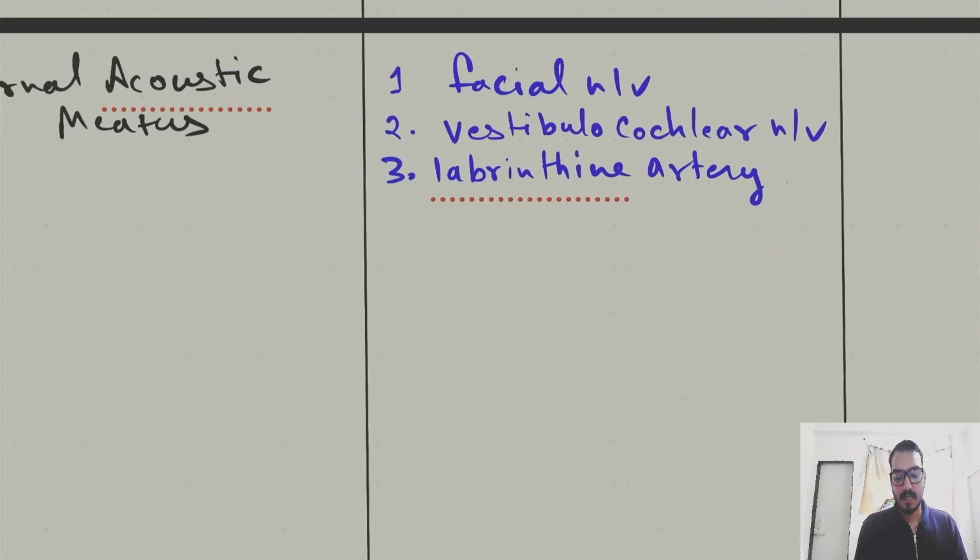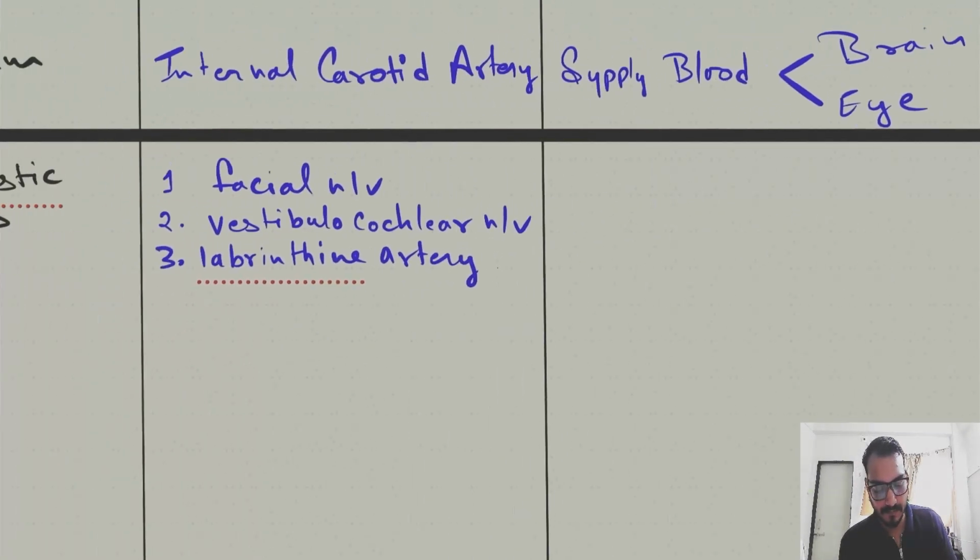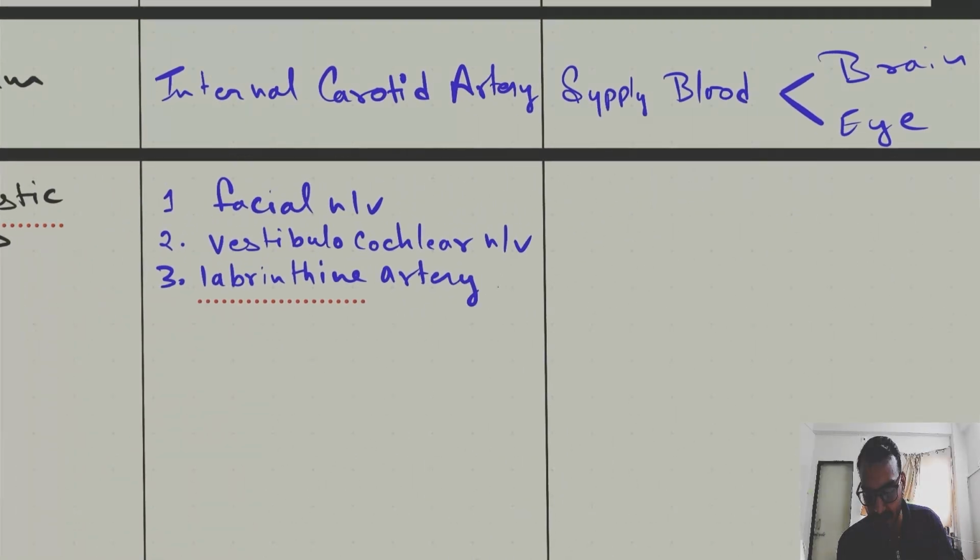Three structures are coming out from the internal acoustic meatus: the facial nerve, the vestibulocochlear nerve, and the labyrinthine artery. What are the functions?